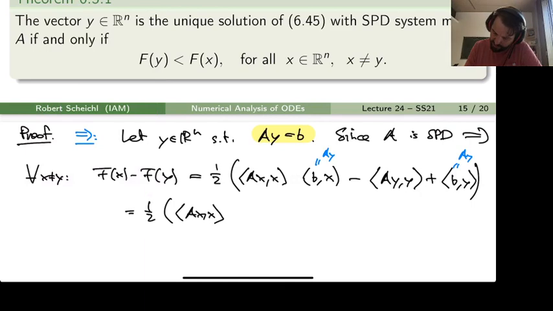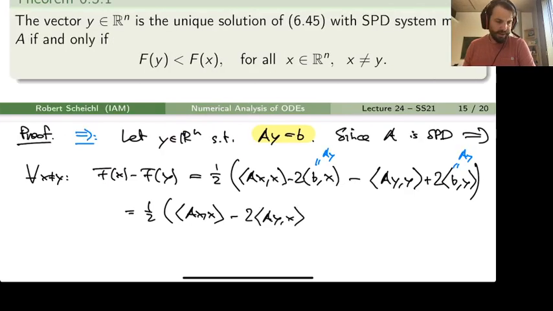So minus 2 times and plus 2 times. Now I put it back together, so I get Ax, x from here. I have minus 2 Ay, x from here. And I have these two I can pull together, and I get plus Ay, y.